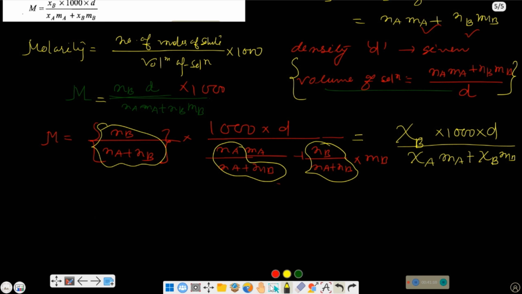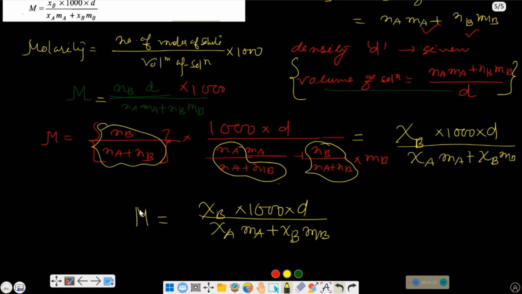Let me write this: molarity is equal to mole fraction of solute into 1000 into D divided by mole fraction of A into MA plus mole fraction of B into MB. Okay, you need to remember this particular relation.